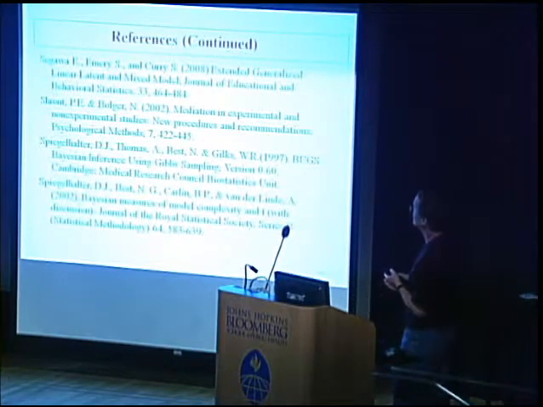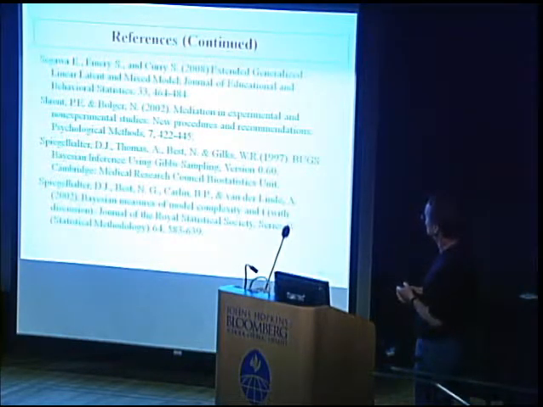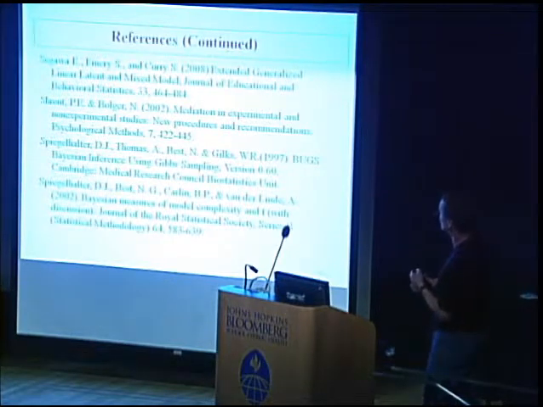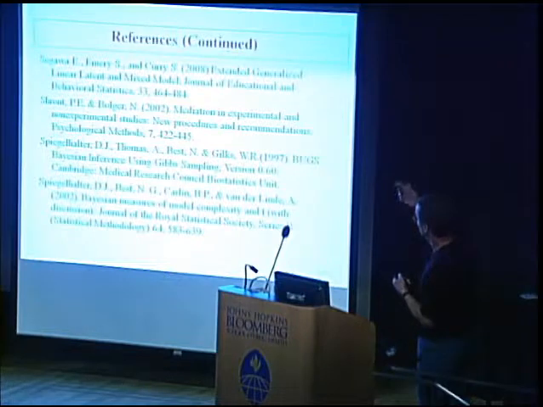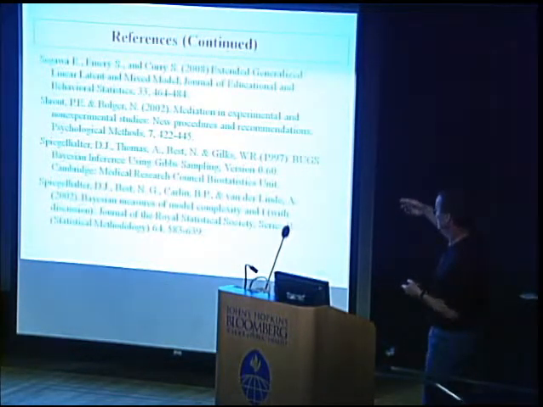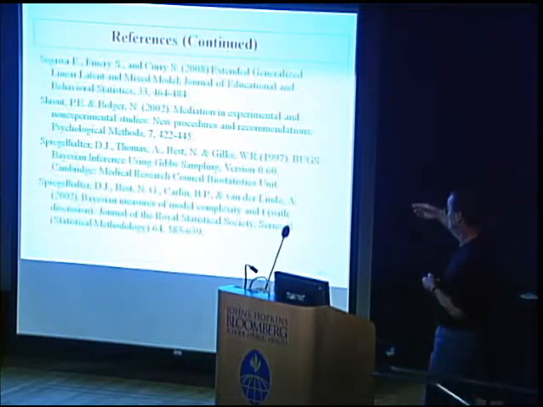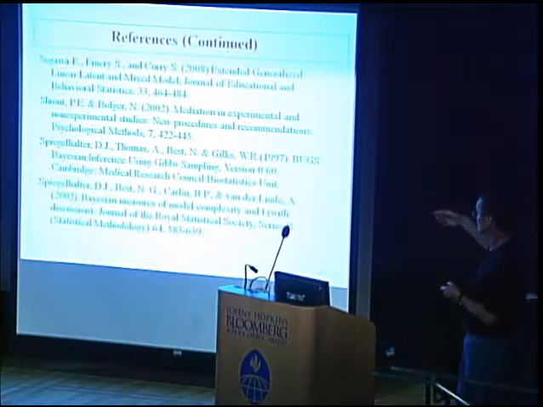Here is Ayesuke Sugawa in the Chicago area, where in JEBS he looks at a Bayes estimation of generalized linear models. That means that it's for categorical dependent variables. Here's the Spiegelhalter article, actually about the BUGS reference.